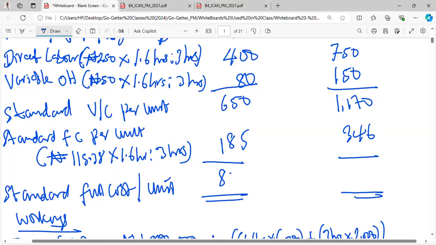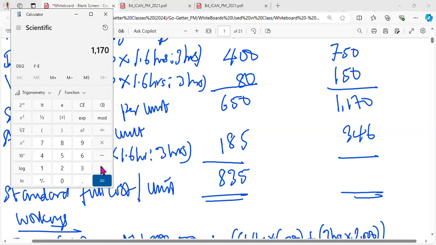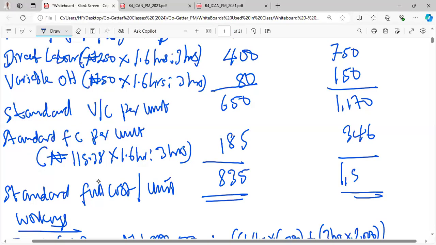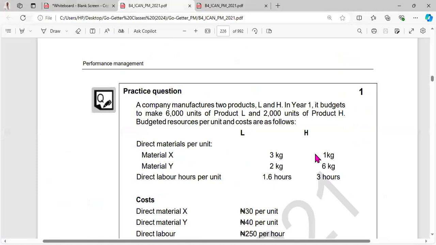And so I have here 1,170 plus 346. That gives me 1,516. And that's what we have as our full cost per unit for this question. So that's it.